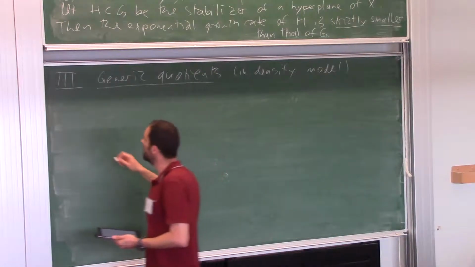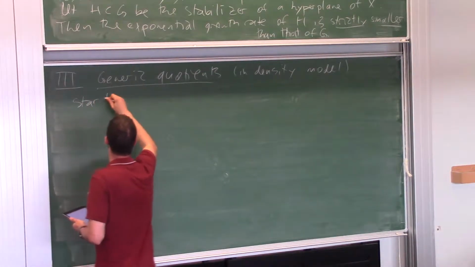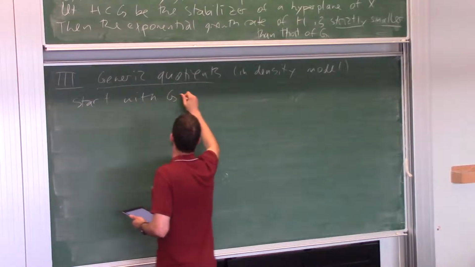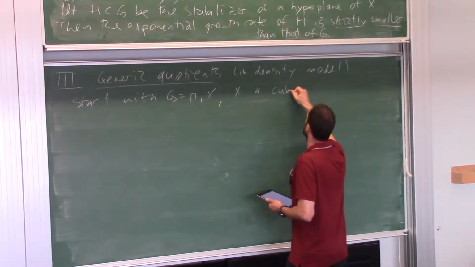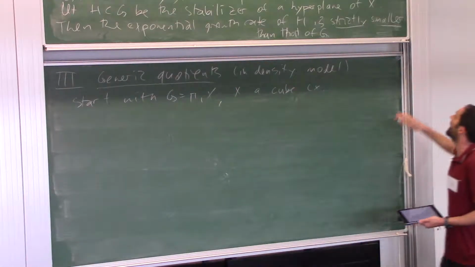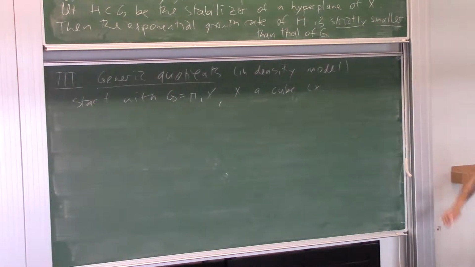Okay. So we're going to, as before, start with X, a cube complex. Those adjectives, compact and non-positively curved, are presumed.